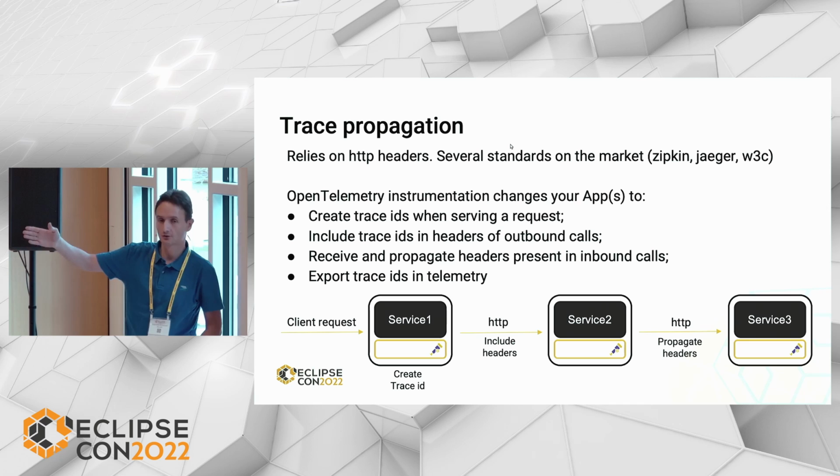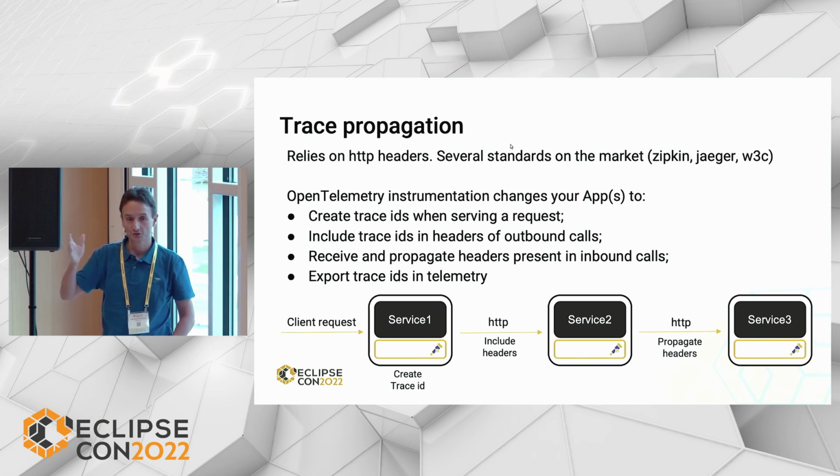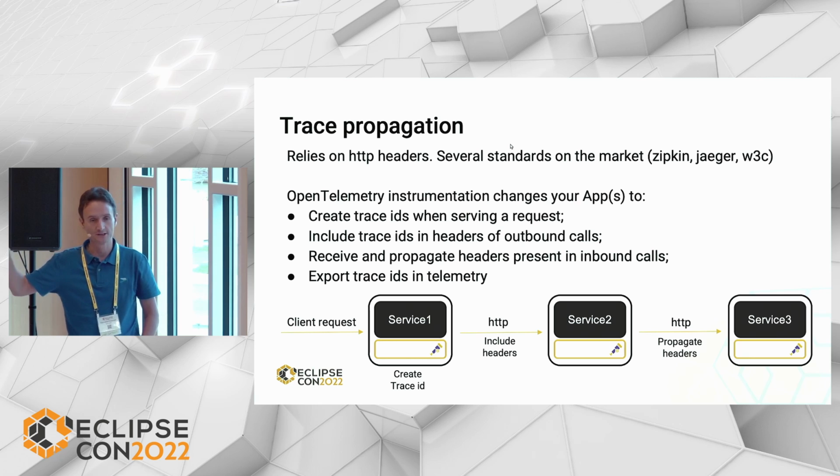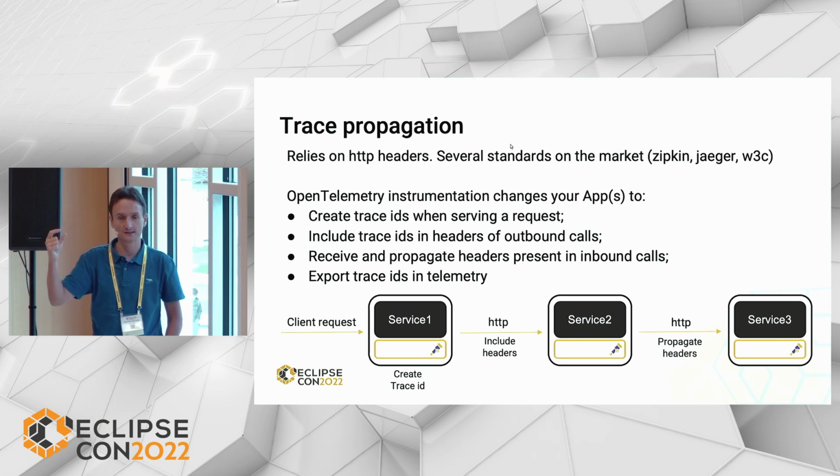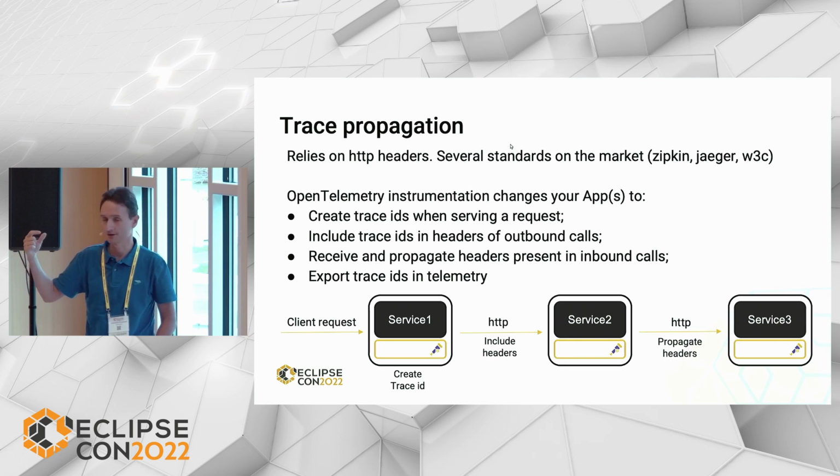If service 1 is calling service 2, service 1 should forward the trace identifier in the call to service 2 as an HTTP header, and service 2 should use this header and use the same trace ID in the telemetry information it produces.